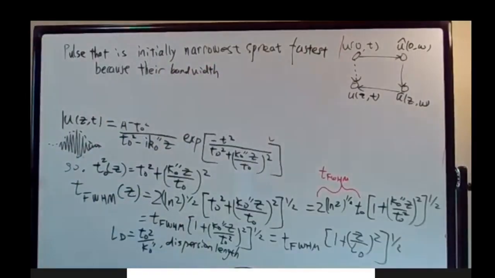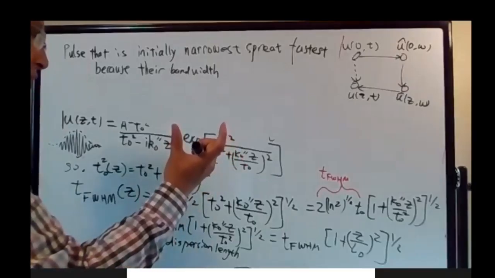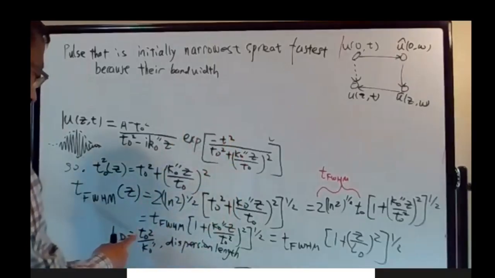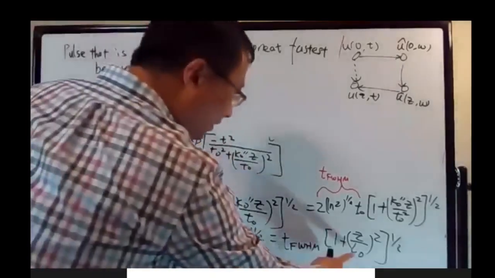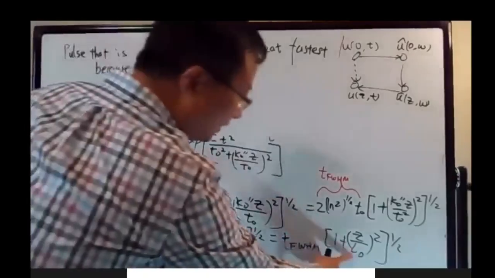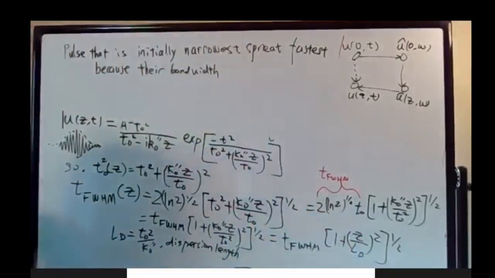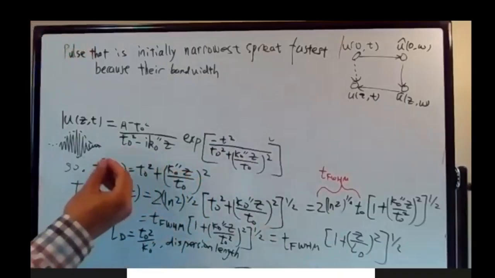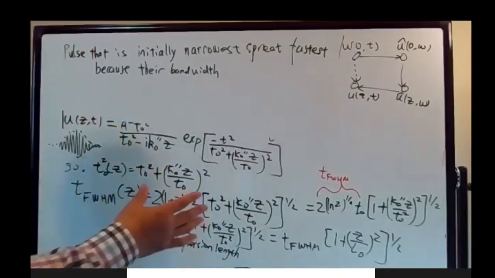So if T naught is small, that means initially they have a narrow pulse. If initially it's a narrow pulse, then LD is a small number. Overall, will the T full wave half maximum increase faster or slower?